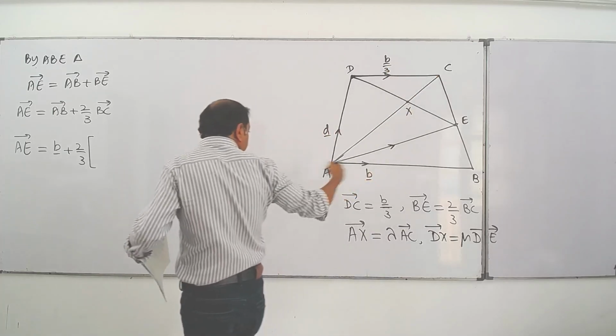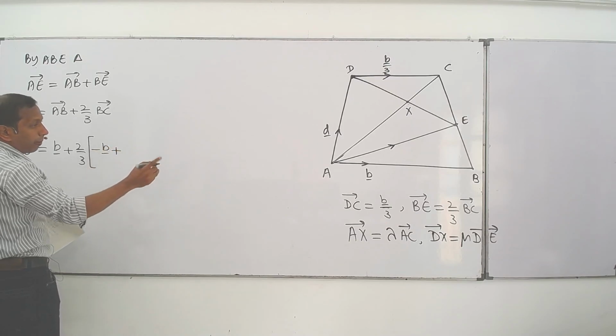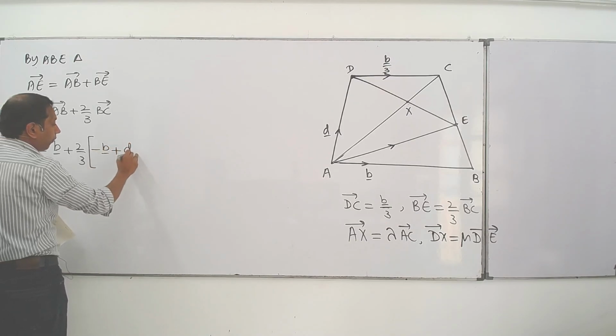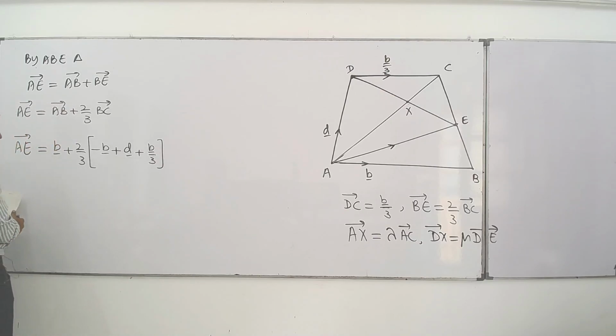BA is minus b, AD is d, and plus b by 3. Now we can simplify that. Take the common denominator 3.